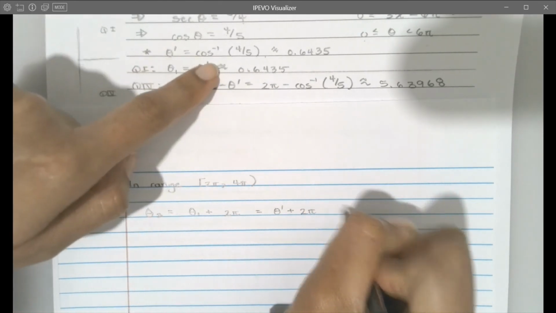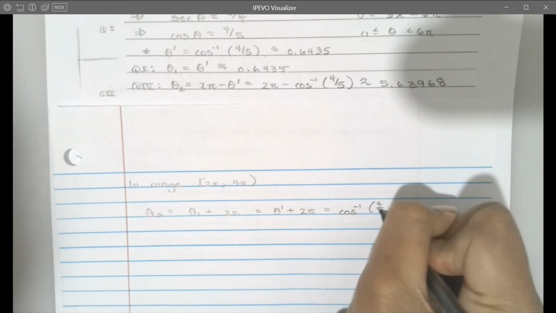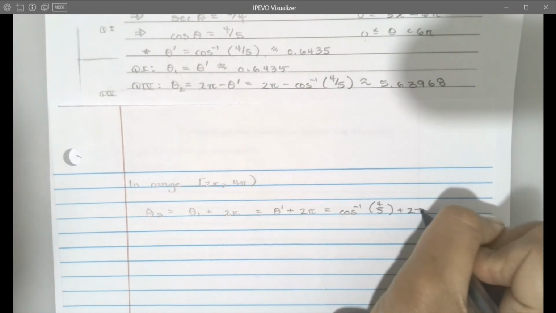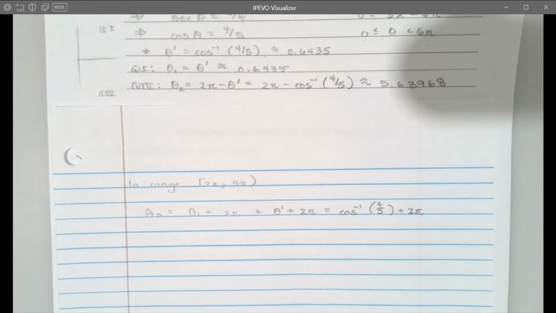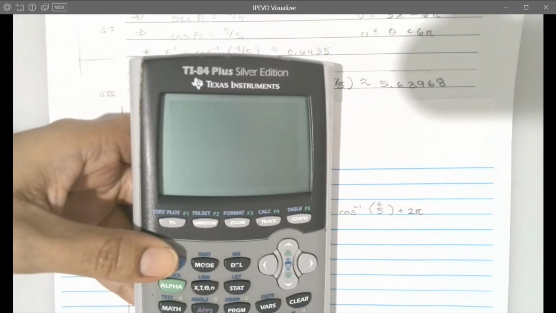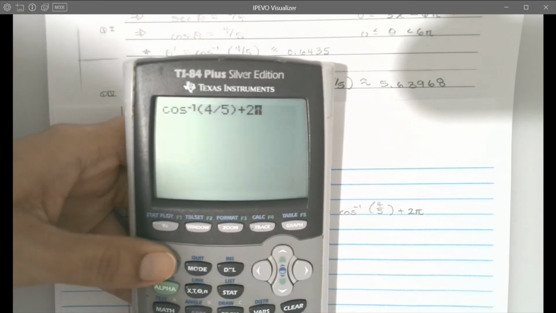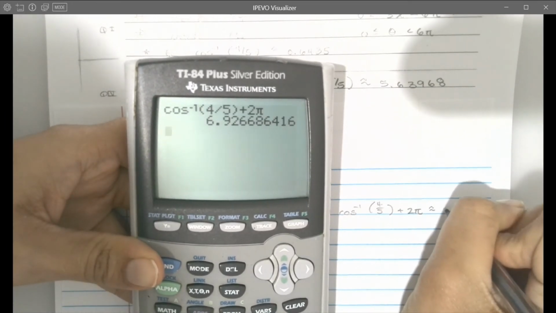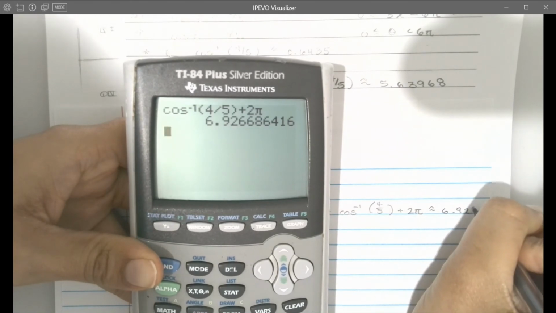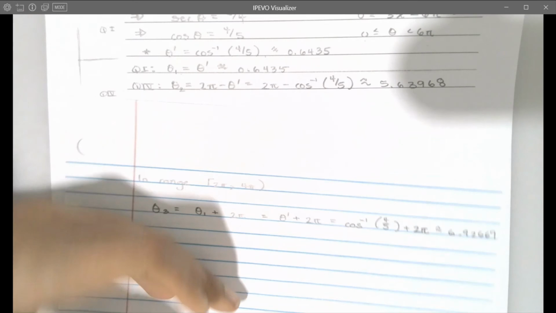And theta prime is this cosine inverse of 4 over 5. So we'll have cosine inverse of 4 over 5 plus 2 pi. And if we punch it into the calculator, let's see what we get. That is going to give us approximately 6.9266, I'll say 9, to approximate it to 5 decimal places.